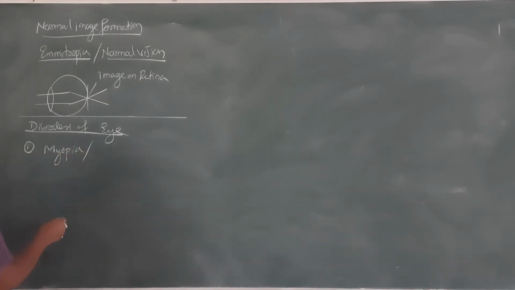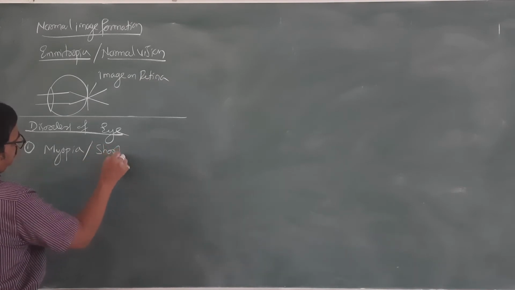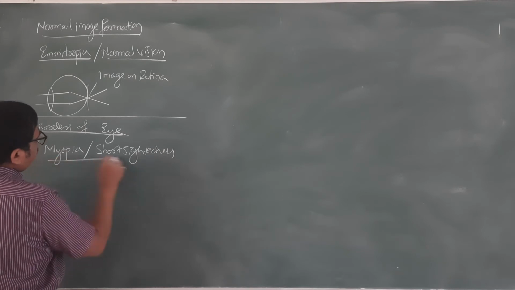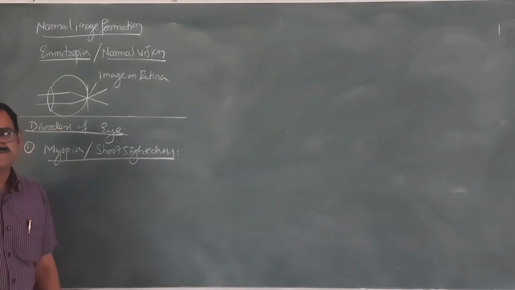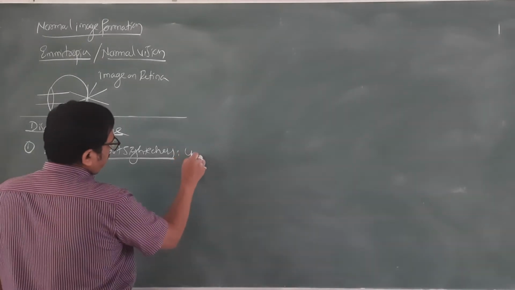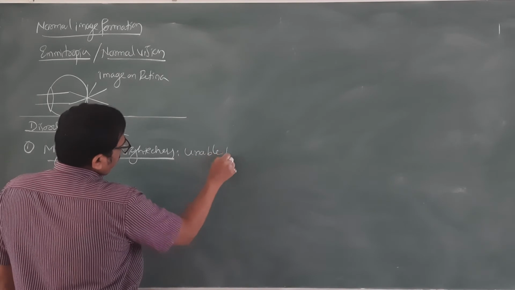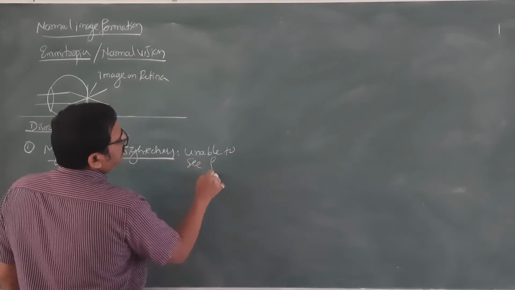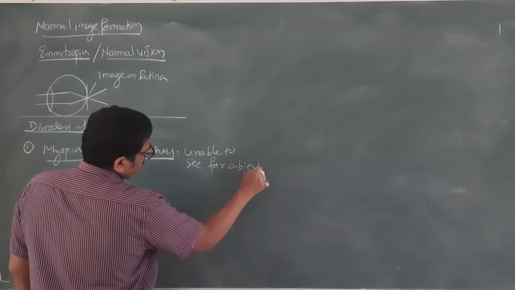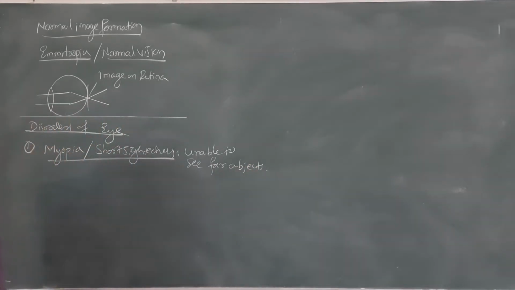Myopia is also known as short-sightedness. A short-sighted person is unable to see far objects. He can see things nearby, but is unable to see far or distant objects. So what is the problem in this condition?